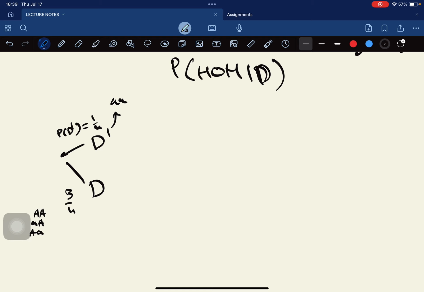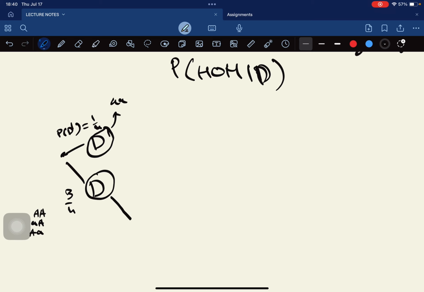Now we've got to narrow our knowledge. First was D and D prime, and then it was regular D. Let's start with the disease because it's easier to explain.